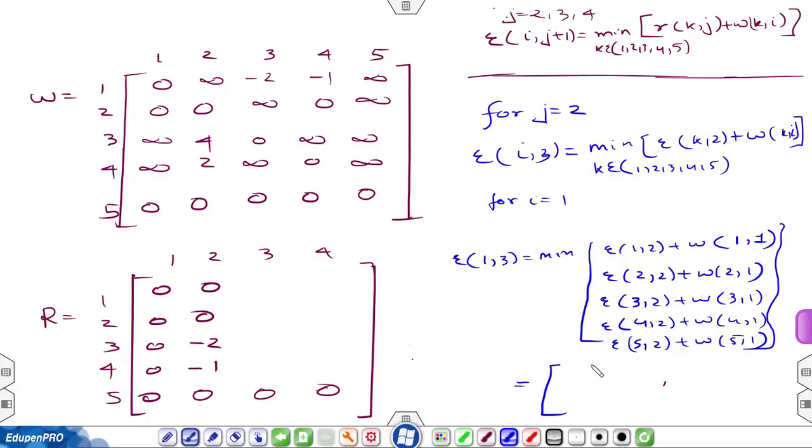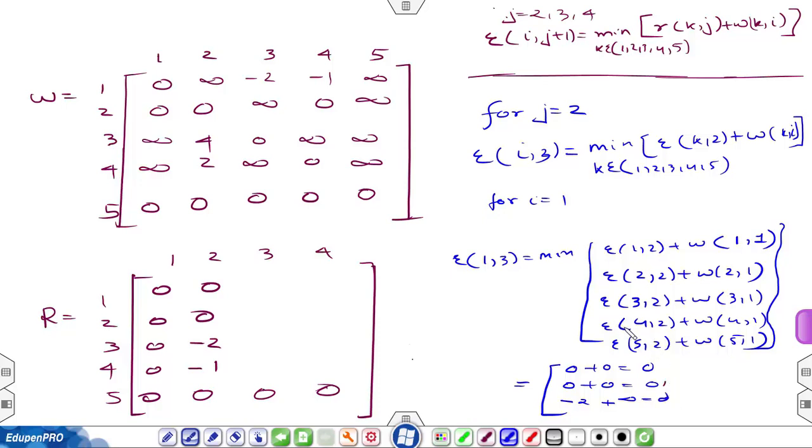So R of 1 comma 2 is 0 and w 1 comma 1 is 0, so 0 plus 0 equals 0. Second term is R of 2 comma 2 plus w 2 comma 1, again 0 plus 0 is 0. Next term is R of 3 comma 2, which is minus 2, and w 3 comma 1 is infinite.